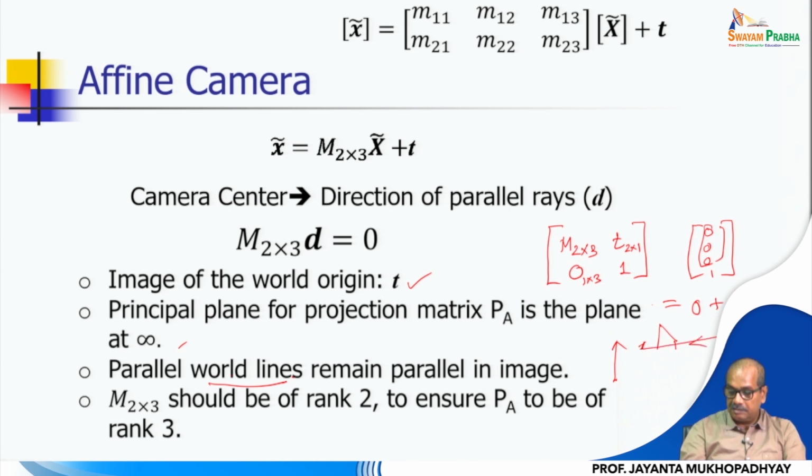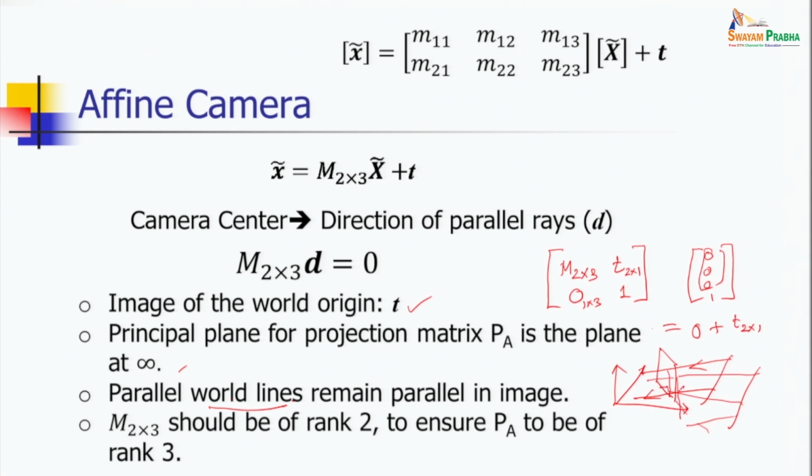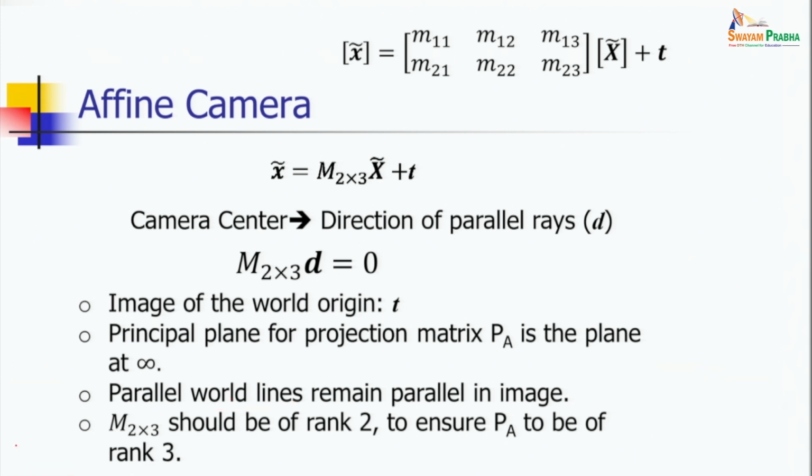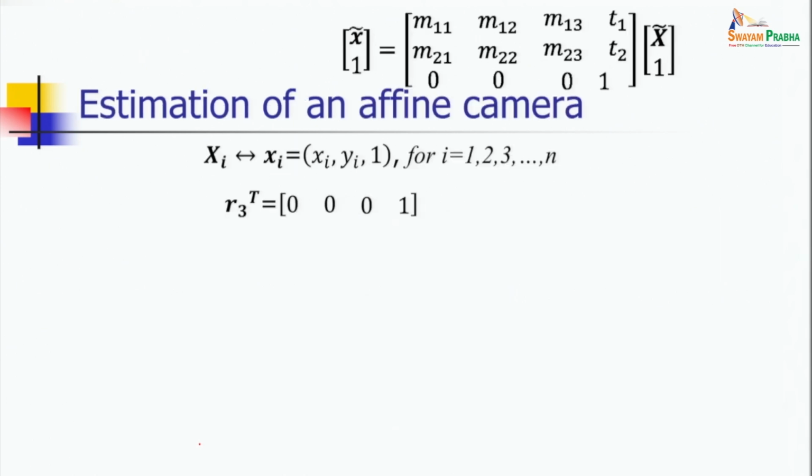It is not so in the affine cases. So this should be one image, for example. Similarly, if I take the other line and extend it, then the other image. So these two image lines also should be parallel. That is the idea here. And then M2 cross 3 should be of rank 2 to ensure PA is of rank 3. So this is another constraint we have to consider.